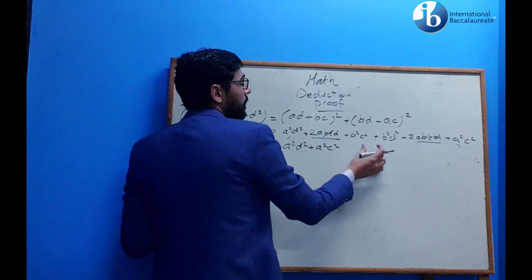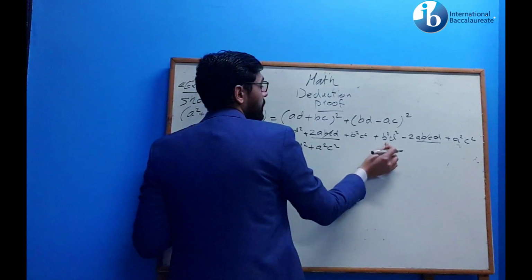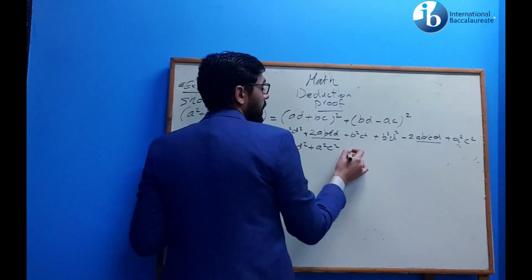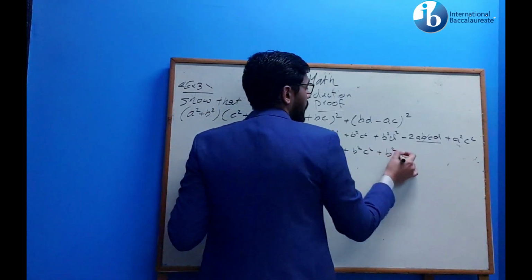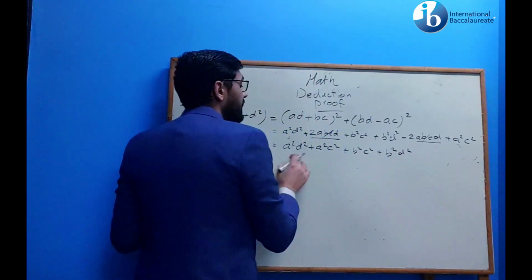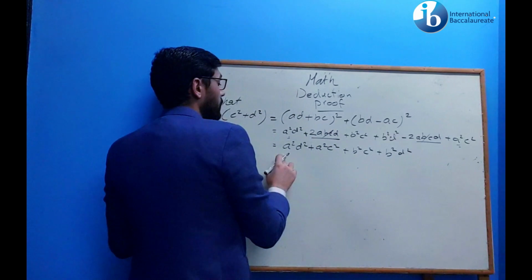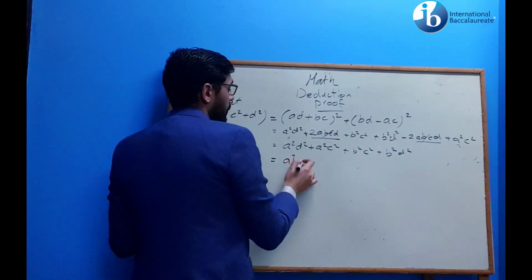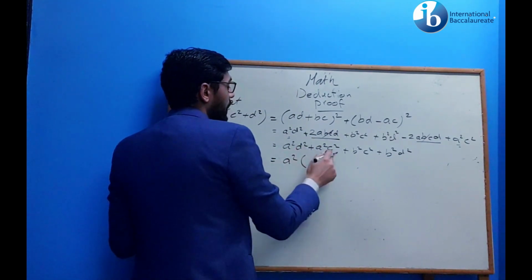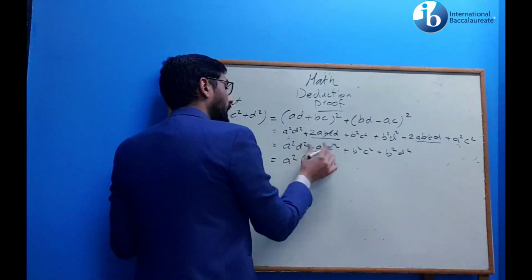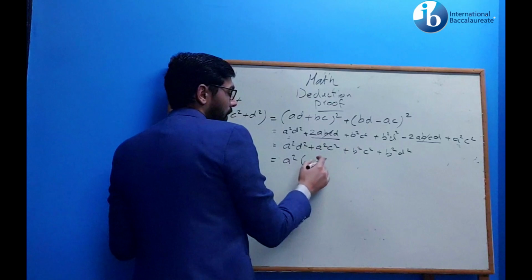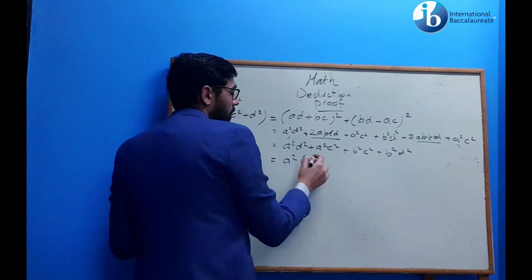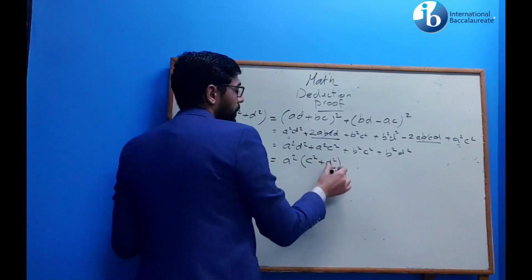After that, we have these two values with b squared common between them, plus b squared c squared plus b squared d squared. What if we take a squared as a common factor? Then it becomes a squared times (d squared plus c squared). We can arrange them like c squared first and then d squared. Both are the same, c squared plus d squared.